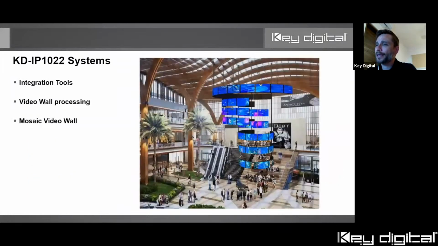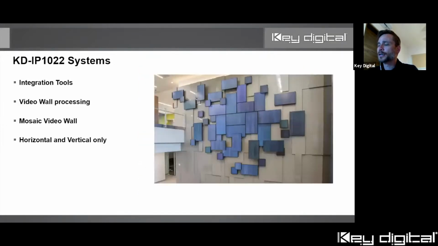And we also have support for Mosaic Video Wall. This gets us into the very cool stuff where you are more or less decorating. Your video walls are not defined by their dimensions of how many displays wide and high, but instead you essentially have a canvas, and you could place displays of various sizes and orientations within that canvas.